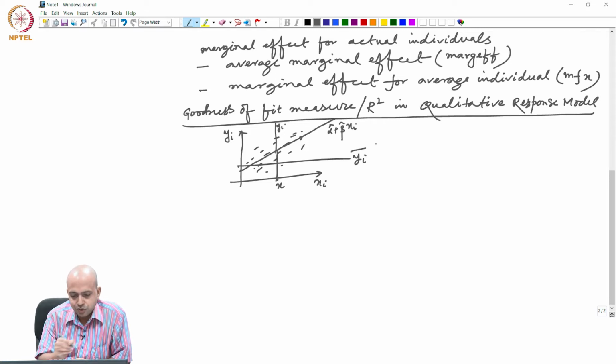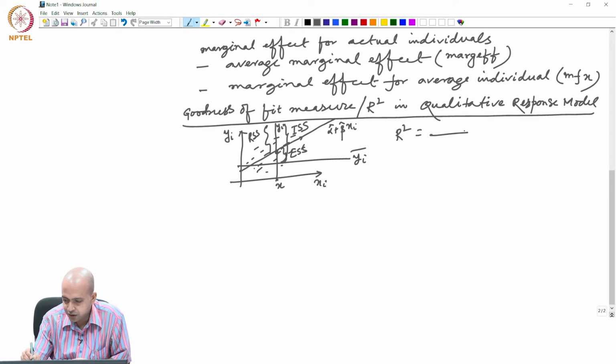So, this is my total variation TSS, out of which I have explained this much. This is yi hat, this is ESS, and this is RSS, and your R square you have defined as ESS by TSS.